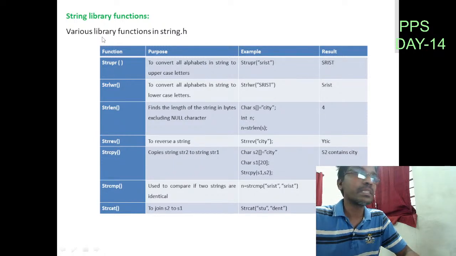Now let us see the string predefined library functions. What predefined library functions are there, and what types of operations can be done on strings? The first one is strupr, which stands for string upper.